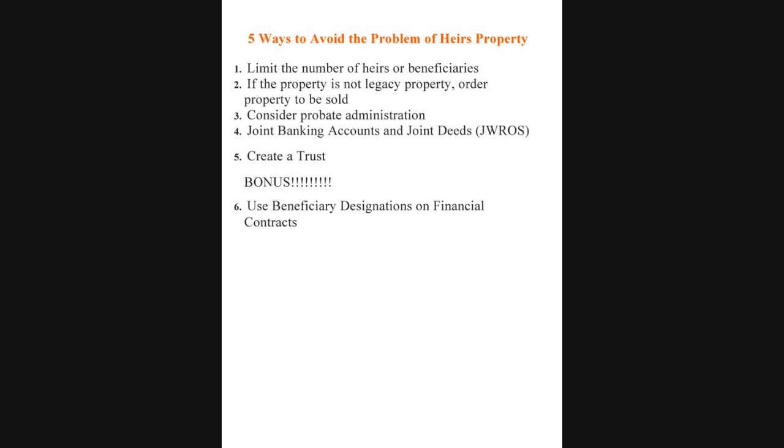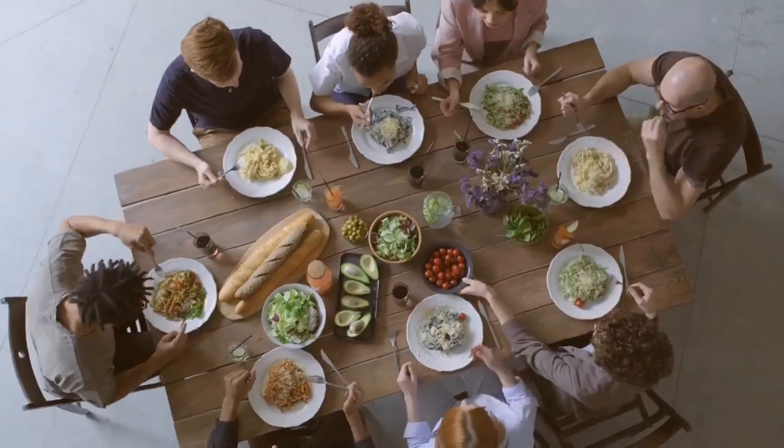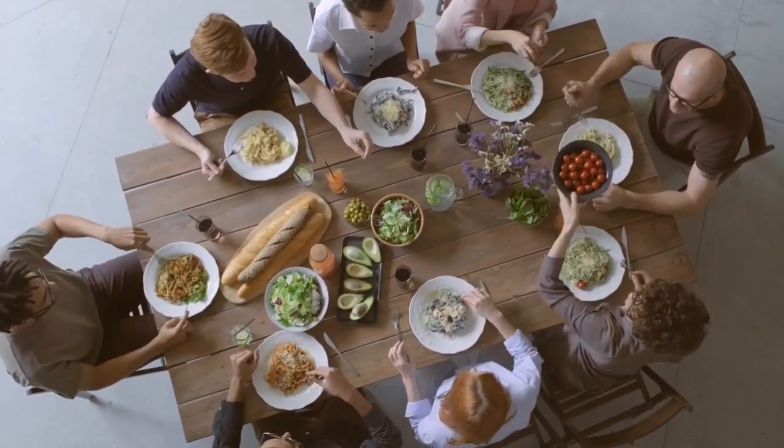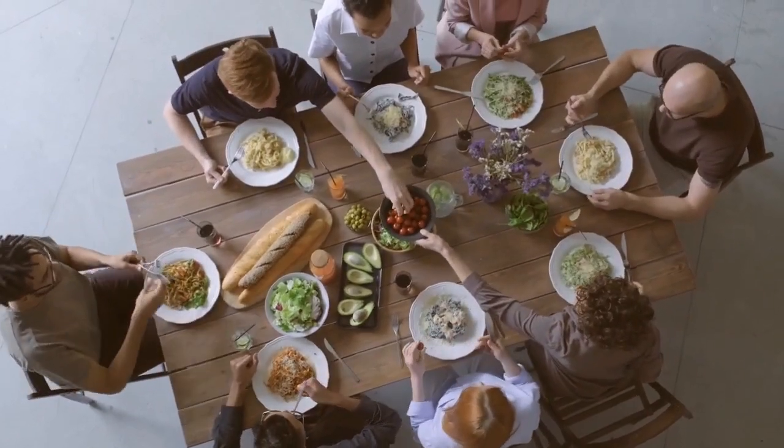If you don't make a will, you don't get any say in that part. But at least if you make a will, what if you have 19 nieces and nephews and only 3 of them are responsible? Are you going to give that property to all 19 people, or are you going to give it to the 3 who are going to take care of it and likely to maintain it and keep it and pass it on as a legacy? We have to think like that.